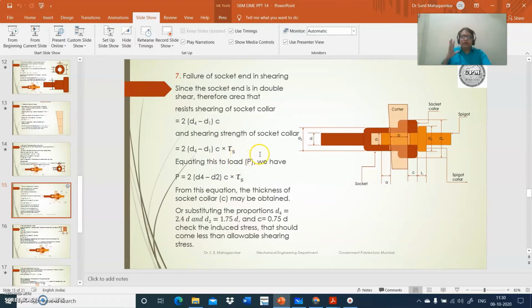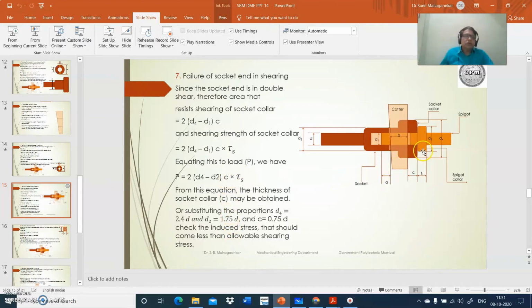You have to use the appropriate shear value for that particular object. So tau s I have to take for the socket collar, and if C is the thickness, I can find out if I know D4 with the proportion, which is 2.4D.